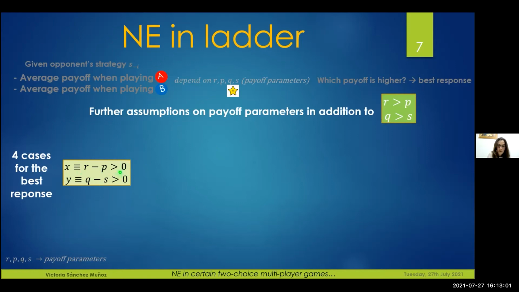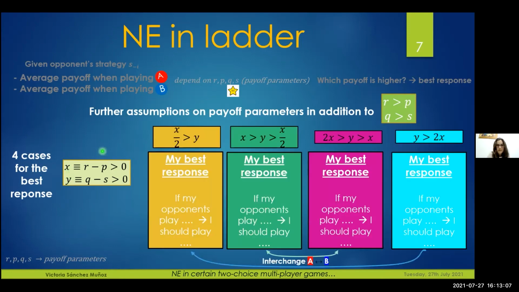By definition, they are positive. So we have 4 different cases, which look like this. So for instance, if the payoff parameters, this X and Y, obey this relation, then you have a list for your best response. If they obey this second relation, then you have another list, and so on for the others.